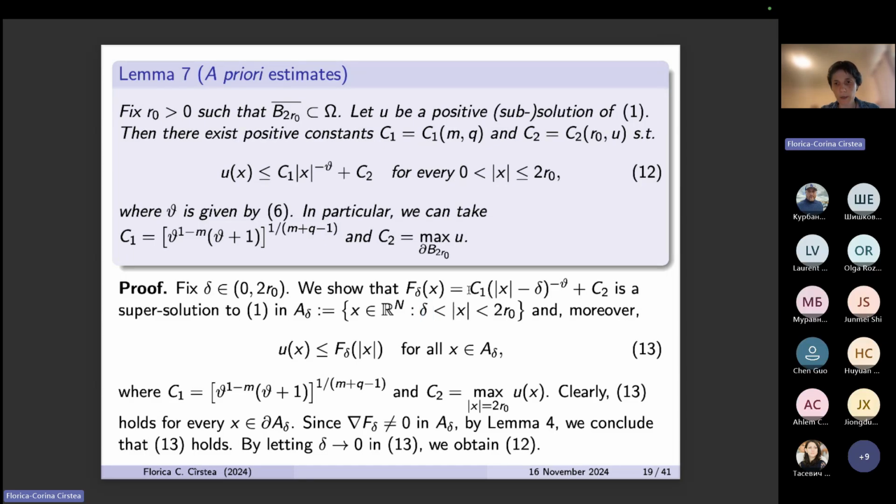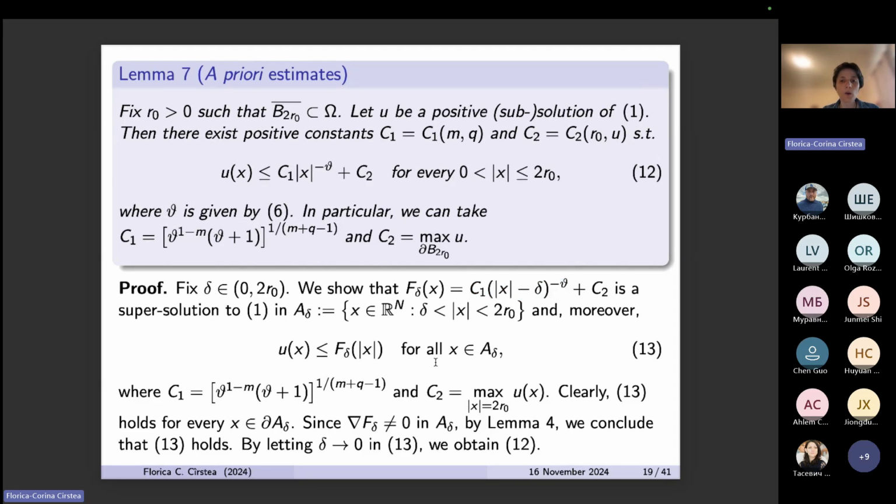That is the important point. We also have to make sure that the super solution F delta dominates the solution U. So by taking C2 to be the maximum of U on the sphere of radius 2R0, we guarantee that F delta dominates U on the sphere of radius 2R0, and obviously also on modulus x equals delta.